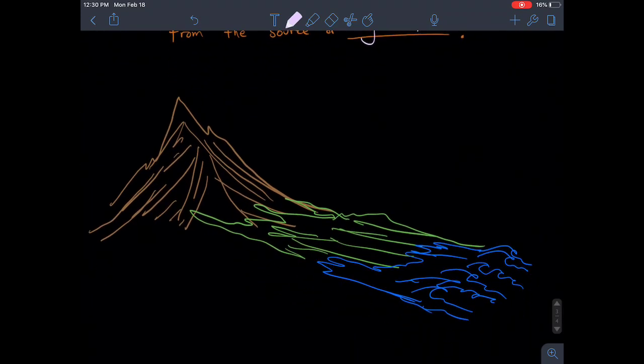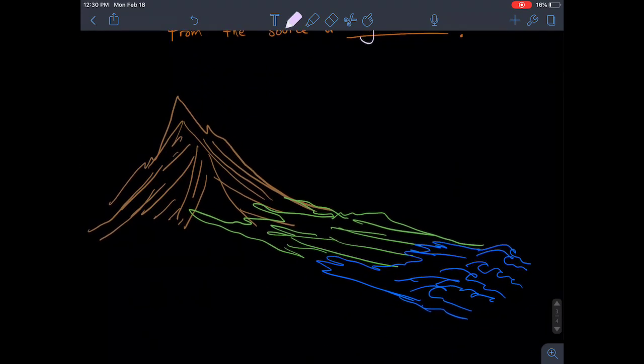Now, this actually could be tested. We could put a clock on the top of Mount Everest, and we could also put a clock down here at sea level. So this would be tens of thousands of feet difference in elevation. Therefore, we would see a difference in gravity, because one of them is closer to the core of the Earth.